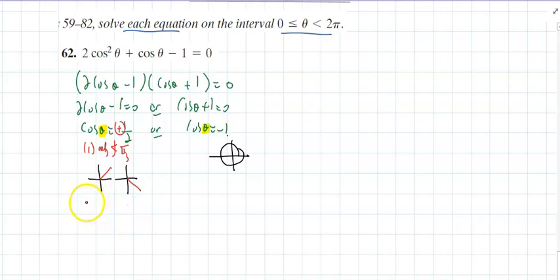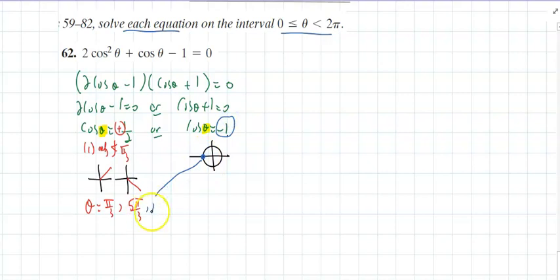In quadrant 1, that angle will be pi over 3, and in quadrant 4, pi over 3. And that's an ugly circle, I want that to look pretty. Something like this. We know that cosine is -1 at one place only, so we tag that on.